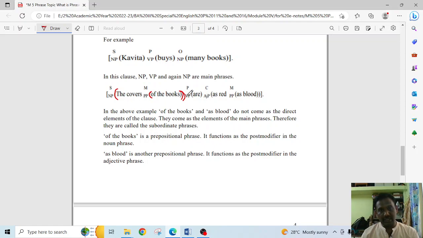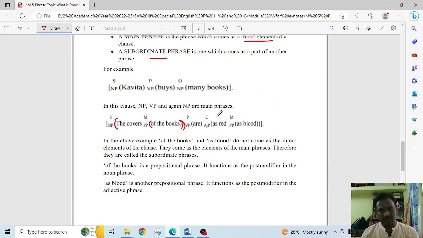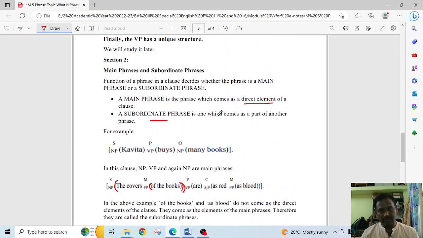The covers are red as blood. Again, as blood is a prepositional phrase which is a subordinate phrase within this adjective phrase. It can also be dropped, and this clause may be the simple one, that is, the covers are red. So by this example you learn that a subordinate phrase is one which comes as a part of another phrase.